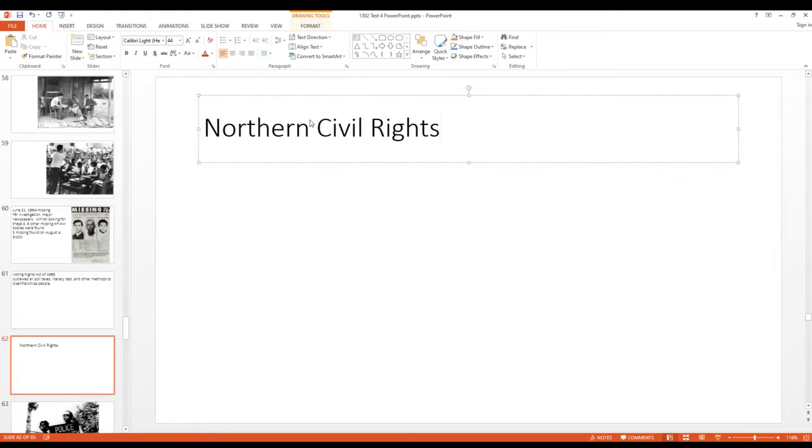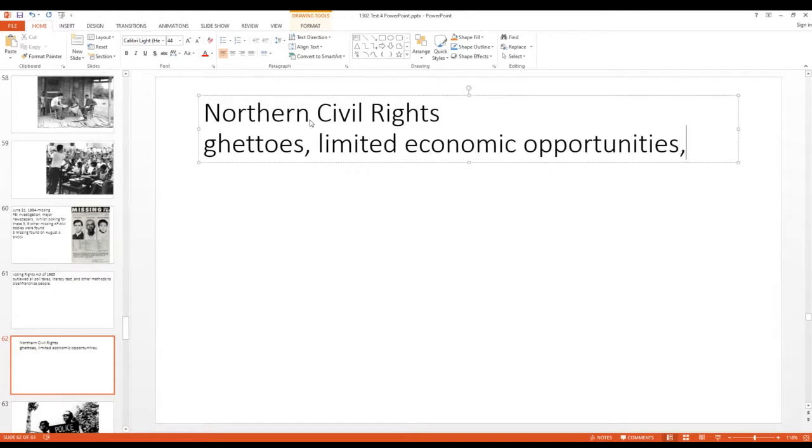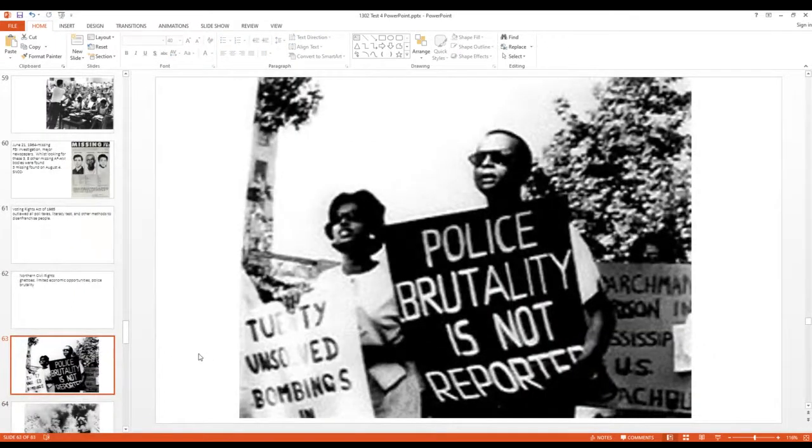The problems up there in the north for African Americans were ghettos, limited economic opportunities, and police brutality. That was what the northern and western civil rights movement was going to have to deal with.